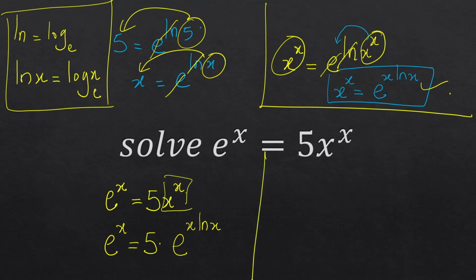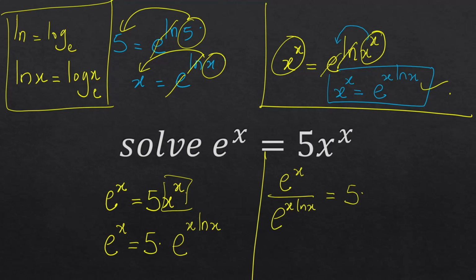So I have e raised to power x equal to 5 times e raised to power x ln x. I want to push all e to one side, so I'm going to have e raised to power x all over e raised to power x ln x equal to 5. Good. So this is the third step.